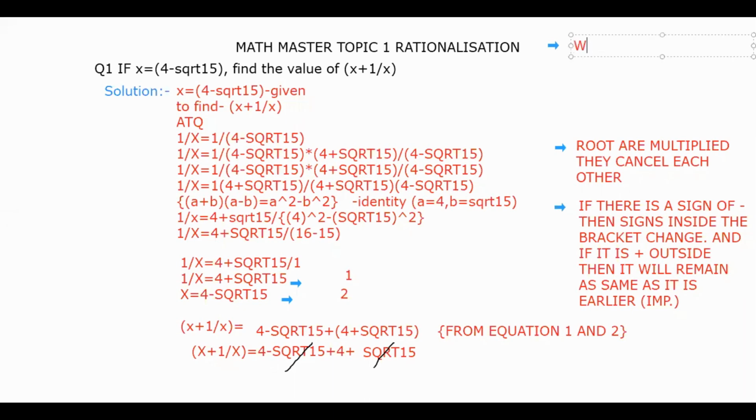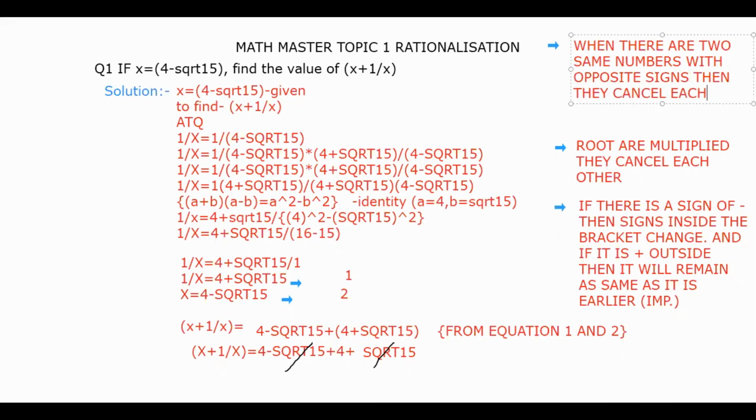When there are two same numbers with opposite signs, then they cancel each other. It's a very important property. It will always help you, even in ninth and 10th also, it is a very important question.